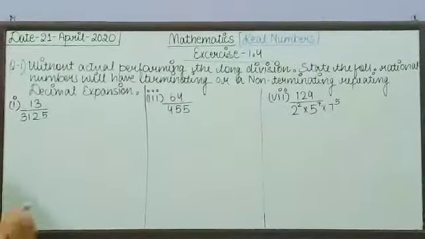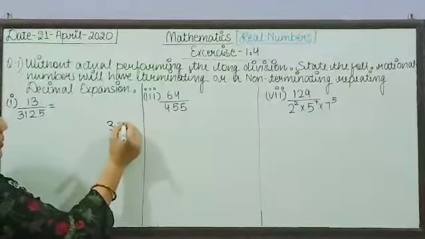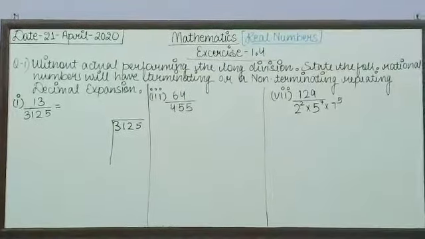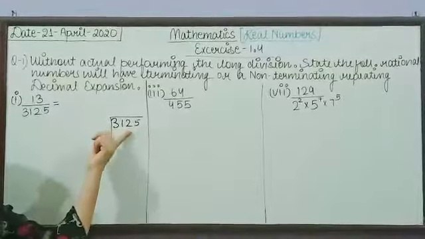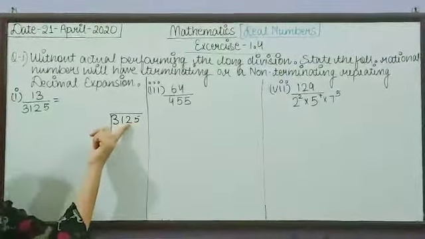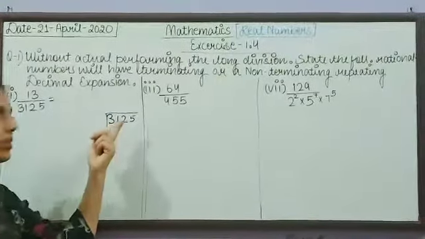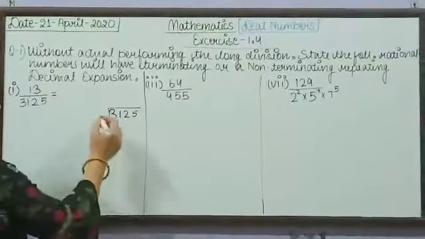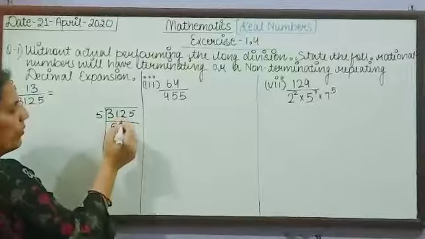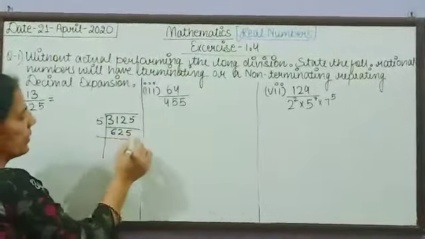Simply, what you have to do is find the prime factors of the denominator 3125. As you can see, it is not divisible by 2. 2 plus 5 is 7, 8, 8 and 3 are 11, so it is not divisible by 3 also. So let's take 5. 5 sixes are 30, 5 twos are 10, 5 fives are 25, 625.